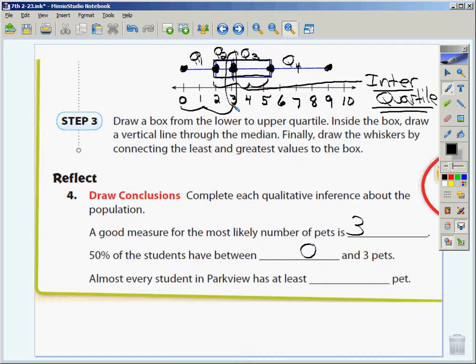Another 25% between 2 and 3. 50% of my data is between 0 and 3. Where's the other 50%? If it's between 0 and 3, where's the other 50%? Between 3 and 9. Make sense to everybody?